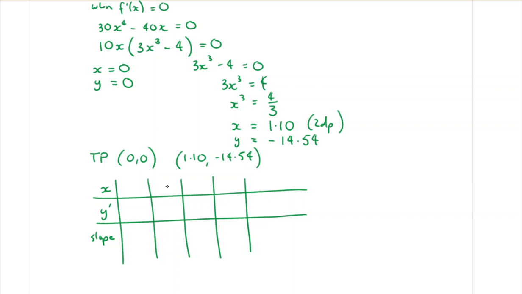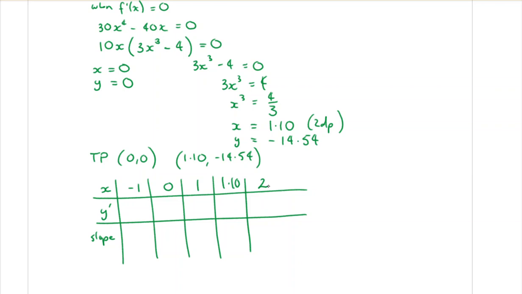We have 0 as the smaller value and 1.10 as the second value, and I need gaps in between. So something less than 0, I'm going to use negative 1. Something between 0 and 1.1, just use 1. Nice whole numbers are the best. And something bigger than 1 is 2.